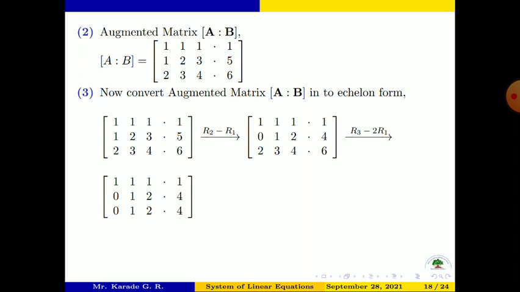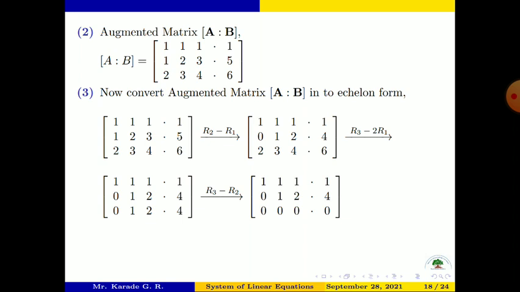So we make all elements below that leading one 0. For that we perform this operation R3 minus R2. If we perform this operation there will be change in third row only. So third row becomes 0 row by performing this operation.